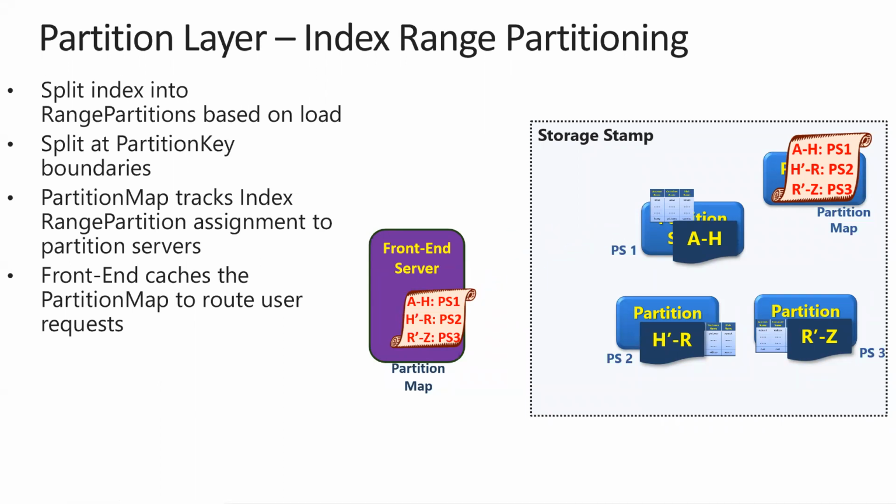I think one way to understand this is that a partition master will always be unique within a stamp, and across storage stamps there will be more partition masters. Yeah, each storage stamp will have its own partition master. So it's a one-to-one mapping there.